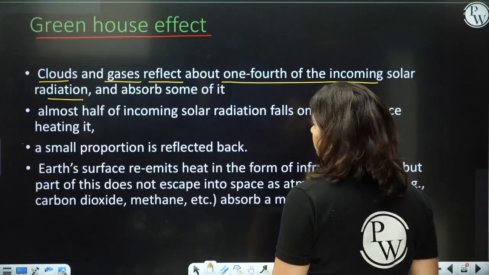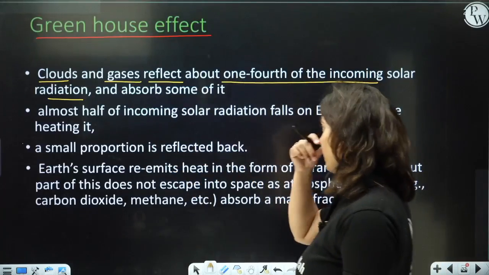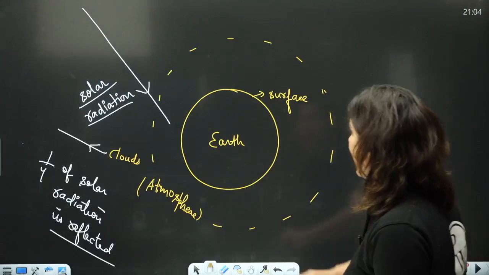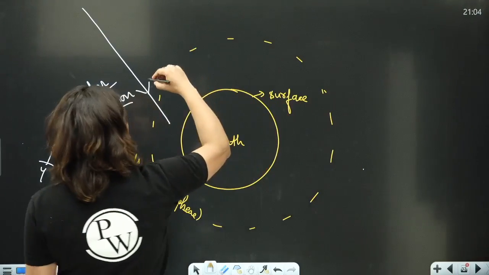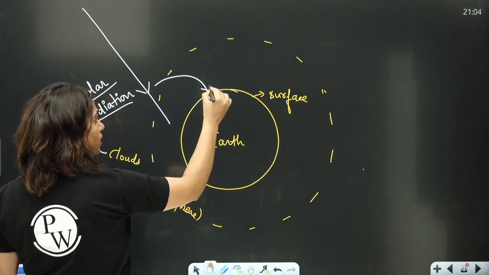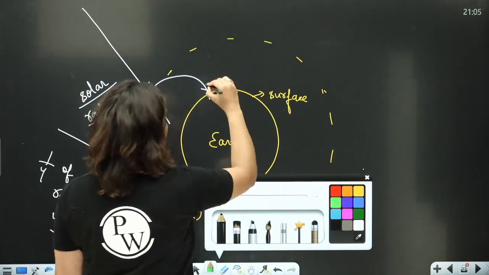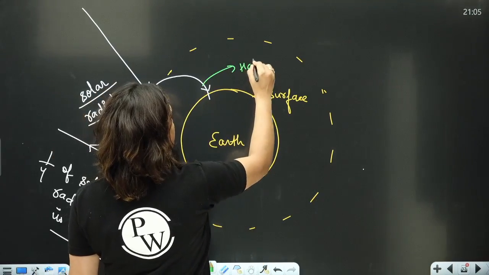Then almost half of incoming solar radiation falls on Earth's surface. Approximately half of the solar radiation falls on Earth's surface. So how much solar radiation falls on Earth's surface?